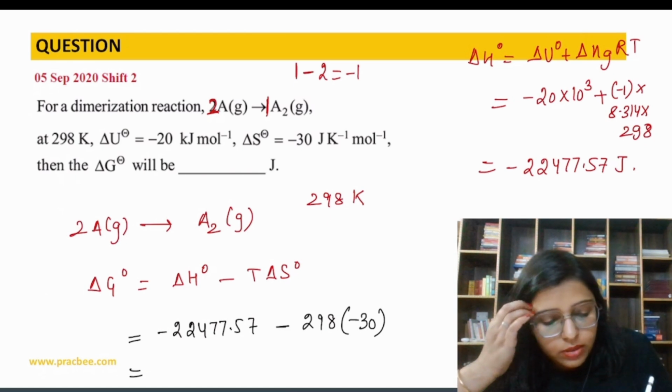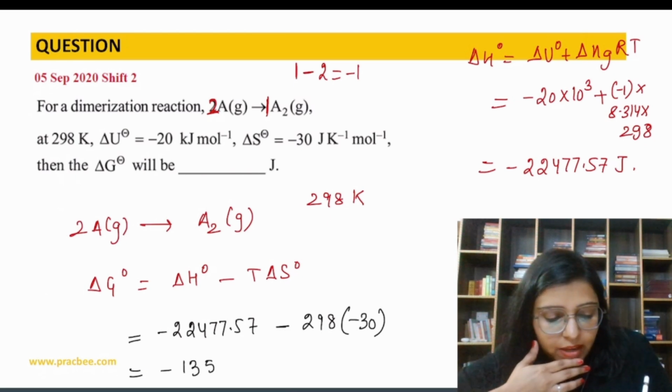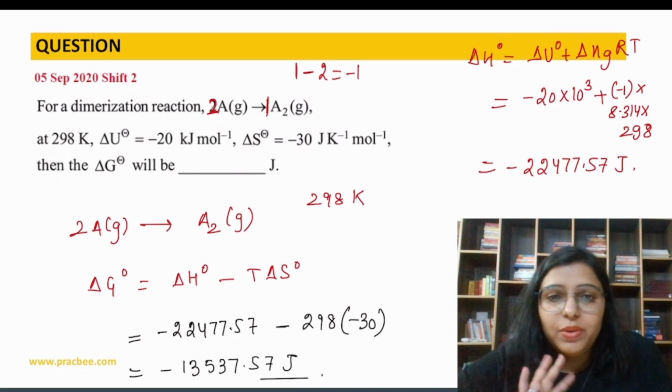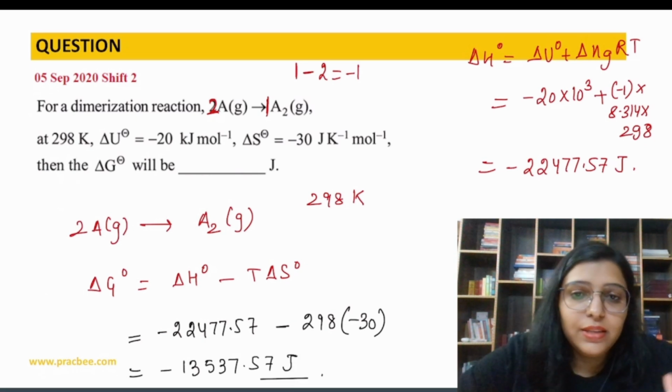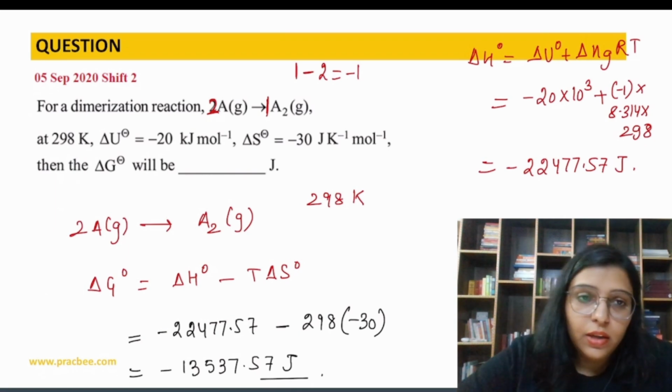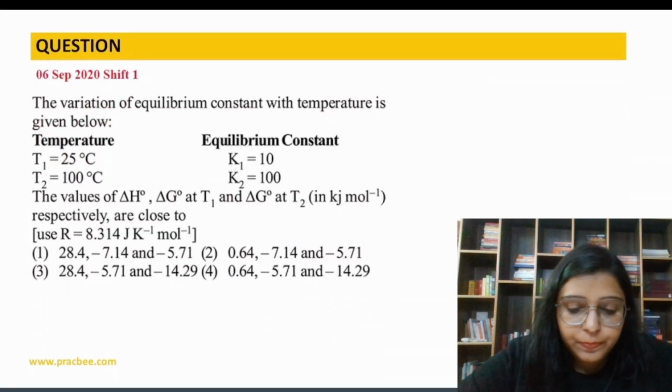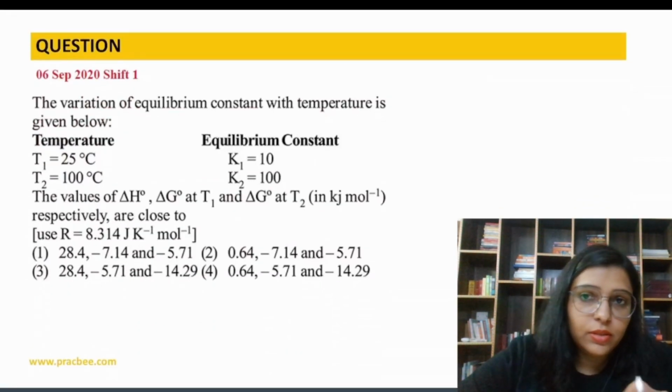So when you solve this, you get minus 13537.57 joule. So basically the answer is going to be minus 13537. Okay, that's it. It's just the calculation, right? You have to solve it.